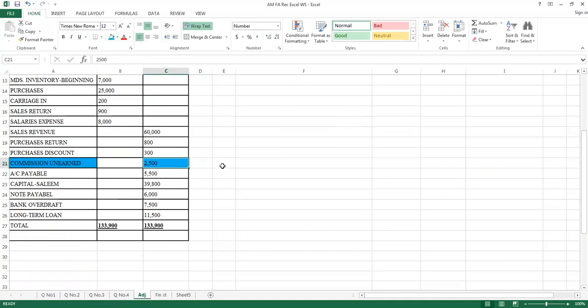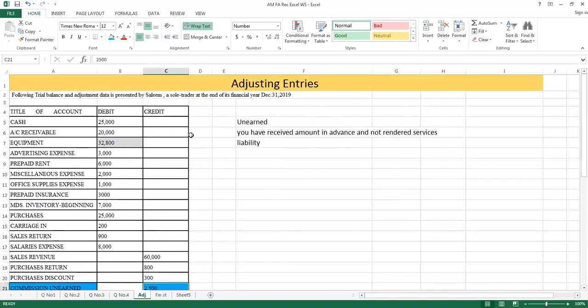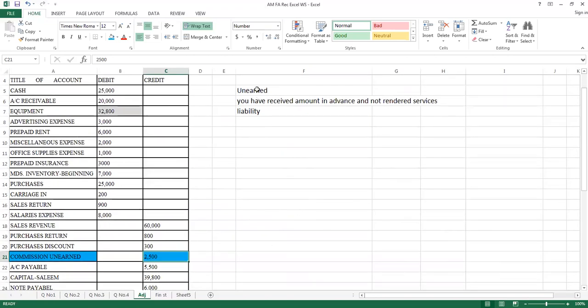The amount is 2,500 as commission earned, and it is coming on the credit side. So again check: if the question is telling you that there is certain commission or certain rent or certain income which is unearned, unearned means you received amount in advance and not rendered services. So this amount should be taken as liability, and of course it should appear on the credit side.